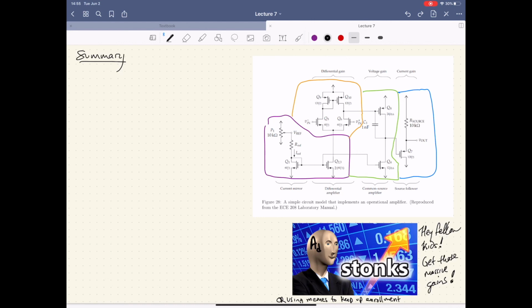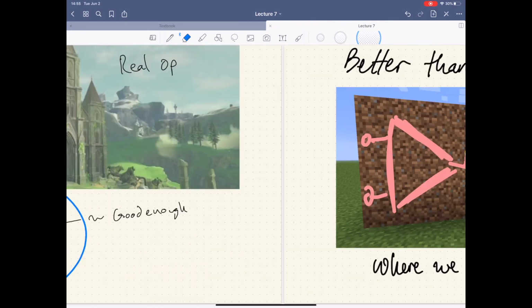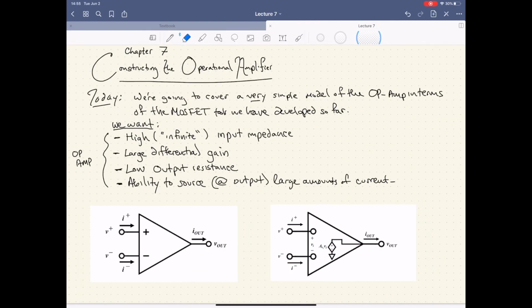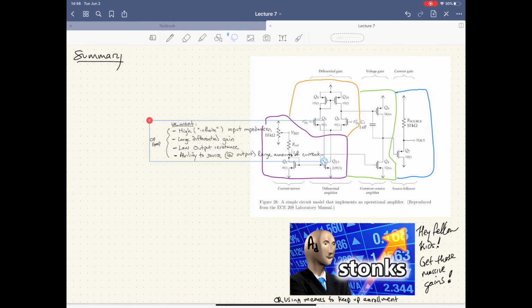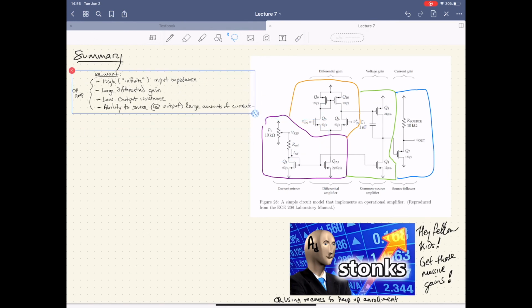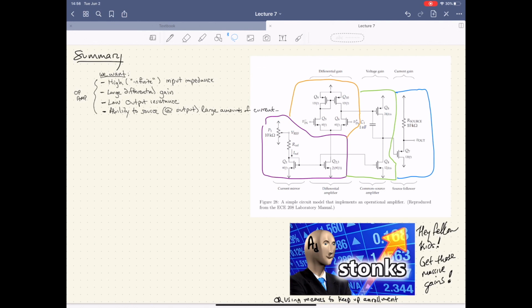Okay, so in summary, we found that we had massive gains. You know what? I'm going to cheat. Here, we got everything we wanted. We're going to check that we got everything, okay? Good enough. Okay, so did we get all the things that we ever wanted?